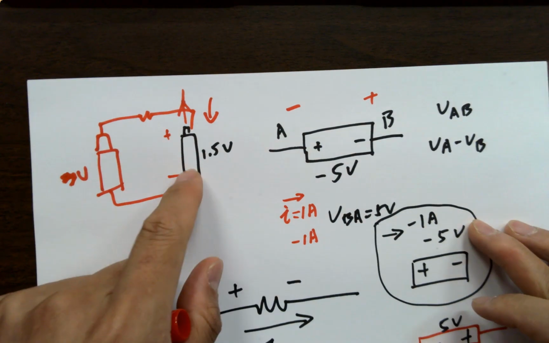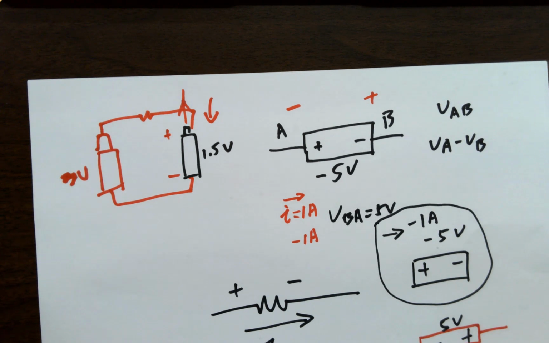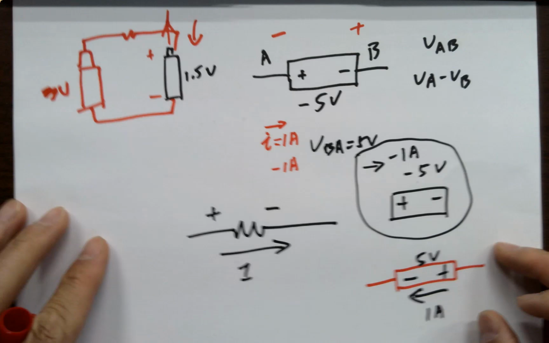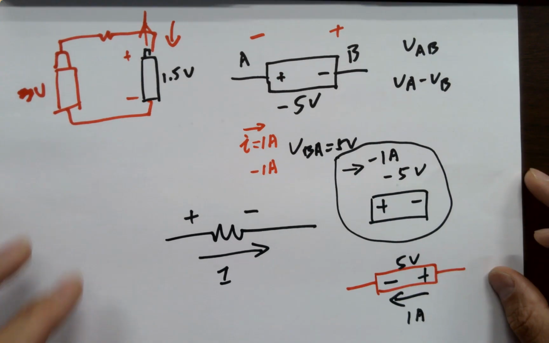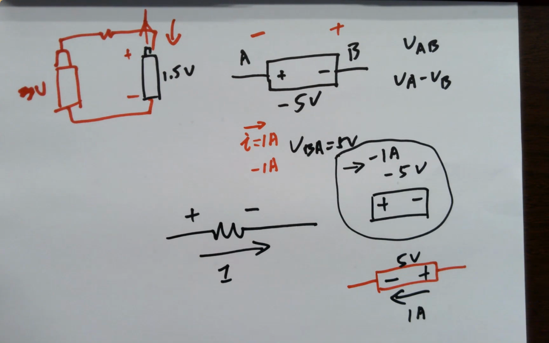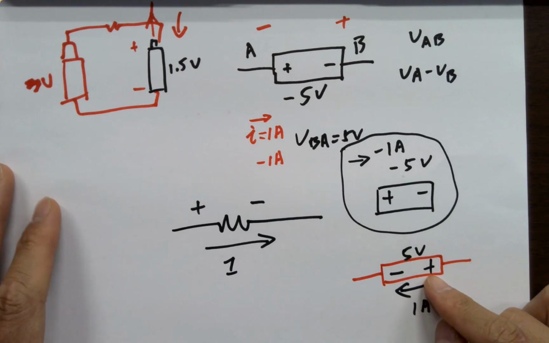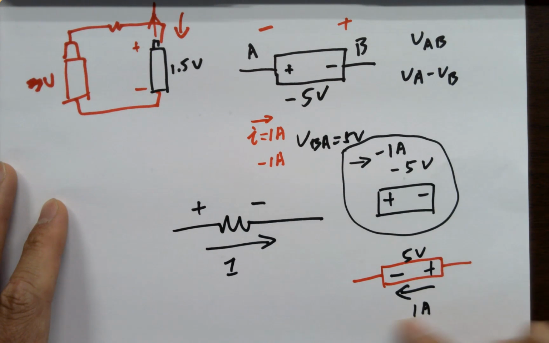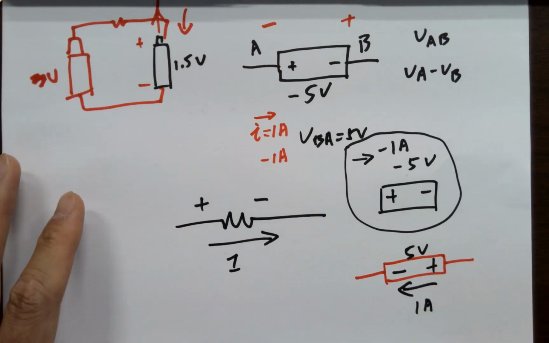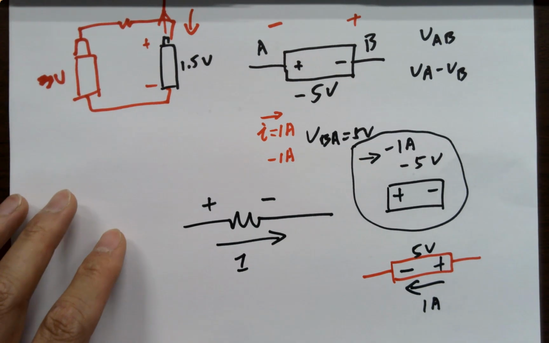So this battery is going to absorb energy from the other battery. So whenever you see a problem like that, and you want to determine if the component is absorbing or delivering energy, you want to convert it to the physical, to the real situation first. And then it's going to be easy to determine that. Make sense? Okay.